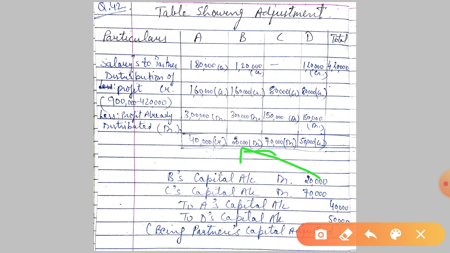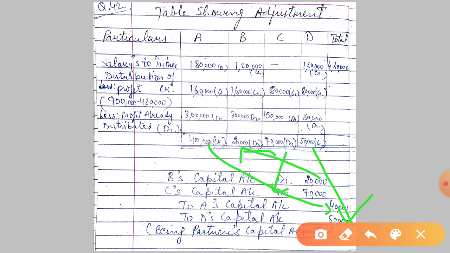Then C also 70,000 here. Then A is 40,000 this one and 50,000 here. Is this clear? So the partner who is debited with the amount, the capital will be debited, and the partner whose capital has a credit balance will be credited.